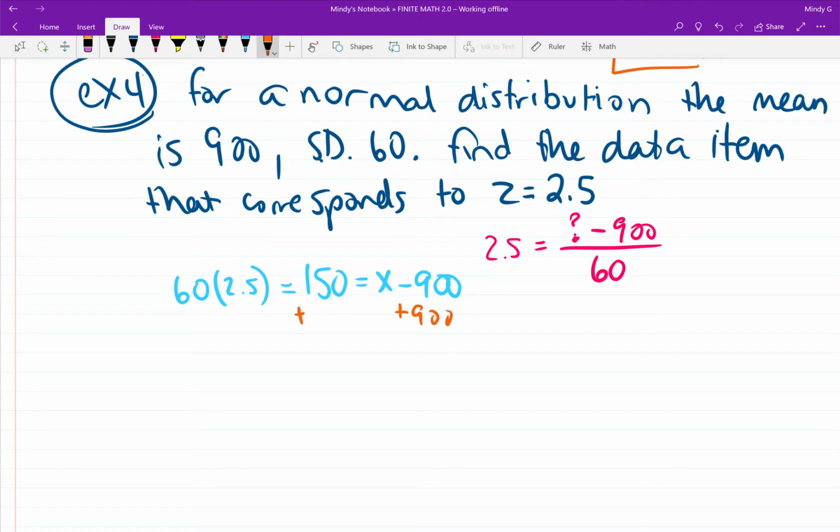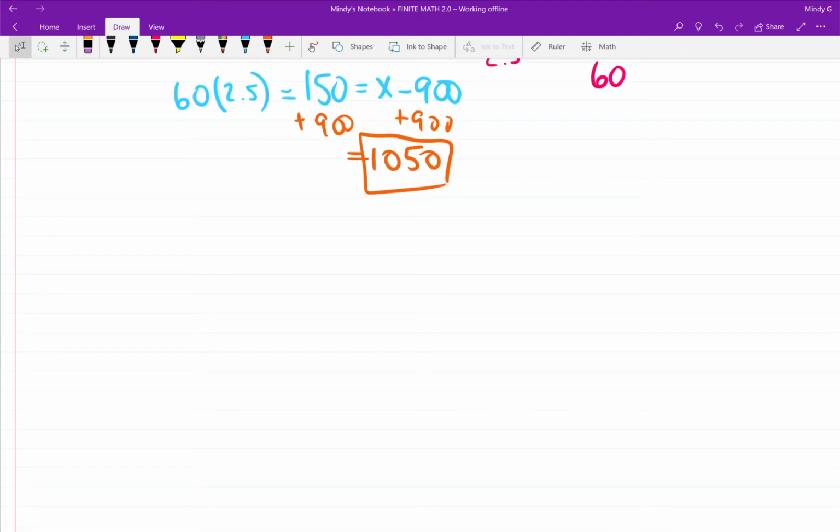All right, one more example. Oh, wait, no. Two more things. Well, a vocabulary definition: the nth percentile. N-T-H, the nth percentile.